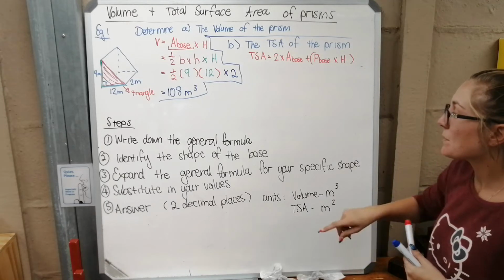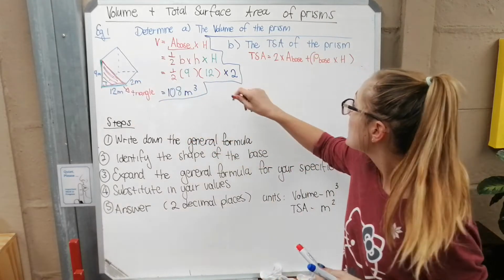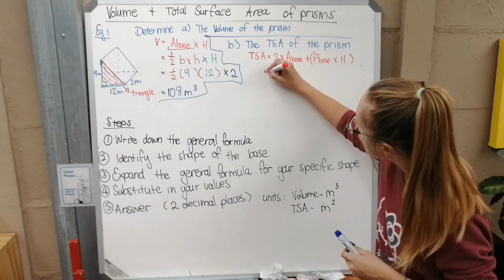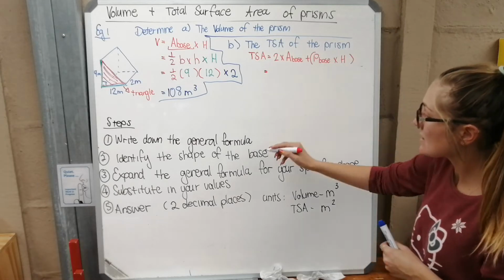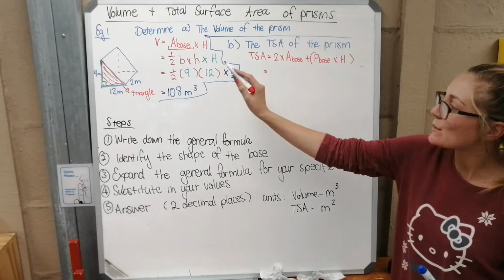Step 2, identify the shape of the base. We've already done that, it's a triangle. Step 3 is to expand the general formula for your specific shape. So we have to expand this for our shape.